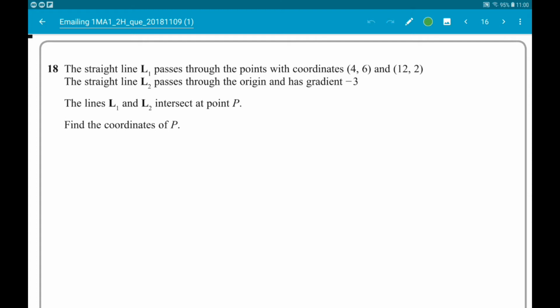Okay, so what we need to do is find the equations of both lines and then solve them simultaneously. So, let's do L1 first. So, the general equation of a straight line is y equals mx add c.